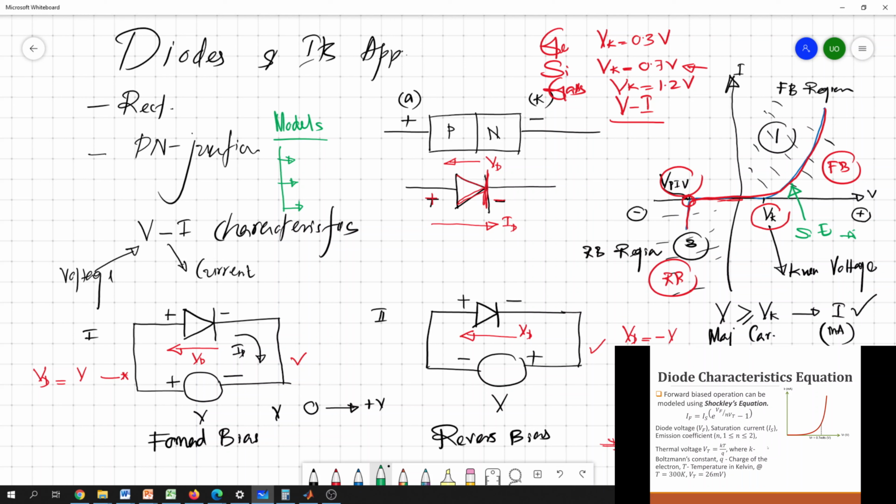We use these models to analyze the circuit, because once we introduce a model, it is an easy way to identify the characteristics or explain the behavior of the circuits, rather than sticking to the Shockley equation, which is an exponential type of equation. Once these exponential functions come into play, it is hard to find the numerical values, because we have to take the log inverse and so on.